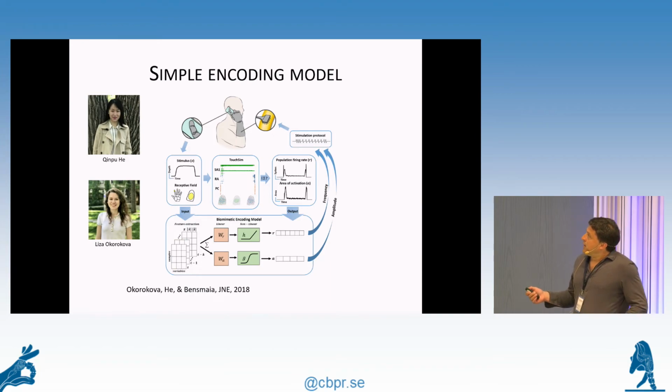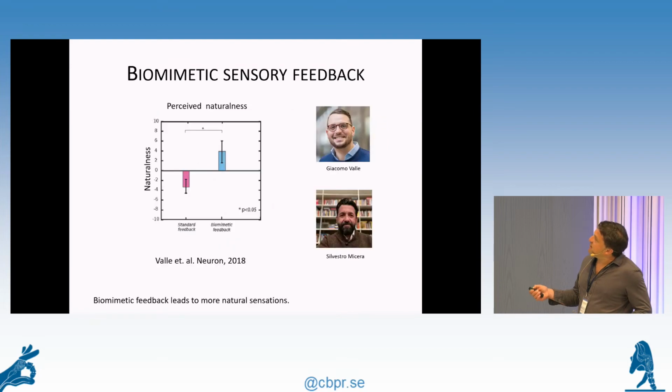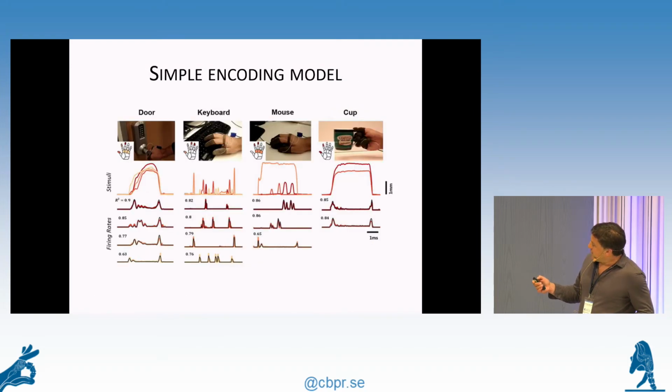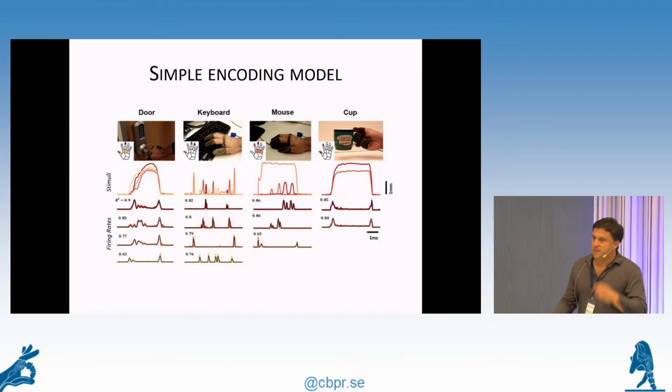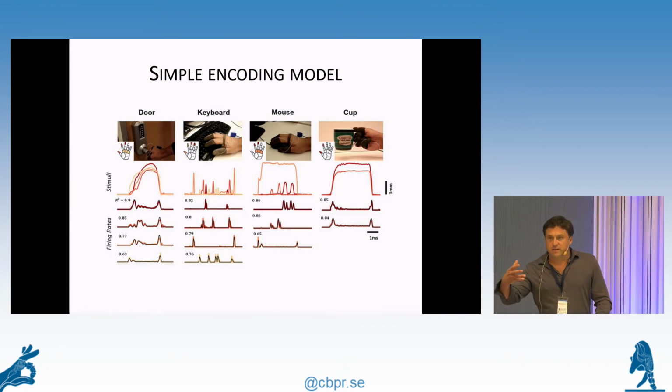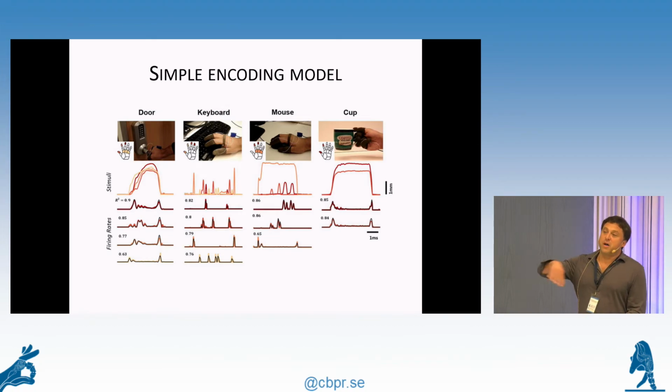Without going into too much detail, what I'll show you is that the black traces are the ground truth activation from the full model of a population of something like 100 nerve fibers, and the red is the reconstructed response of these 100 nerve fibers with a much simpler model that has like 10 parameters.